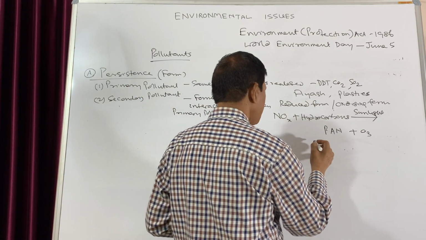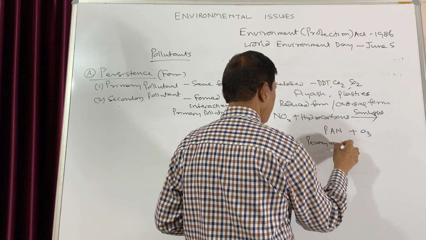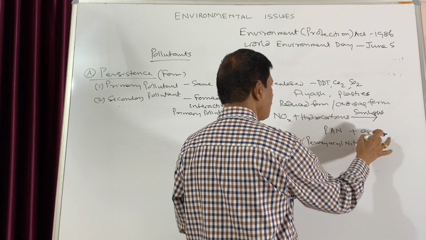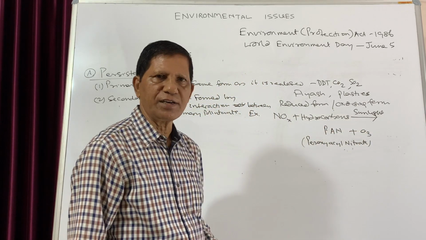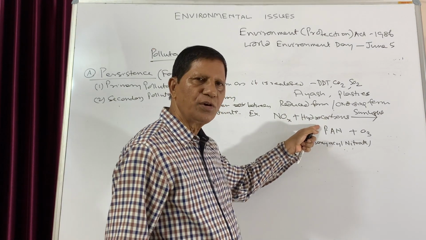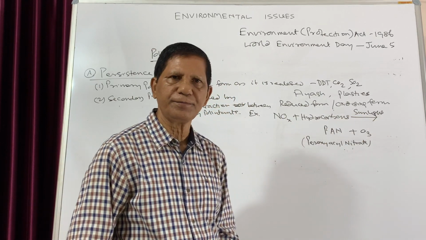This PAN is peroxyacyl nitrate. Both are secondary pollutants formed as a result of oxides of nitrogen reacting with hydrocarbons released from automobiles, in the presence of sunlight.